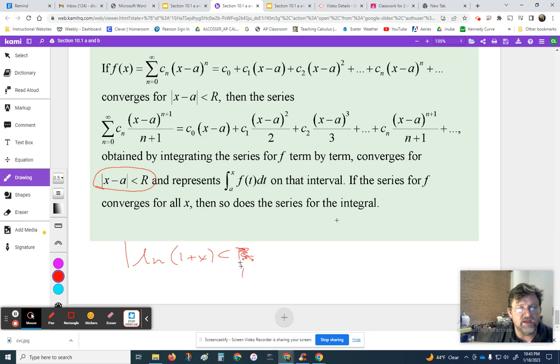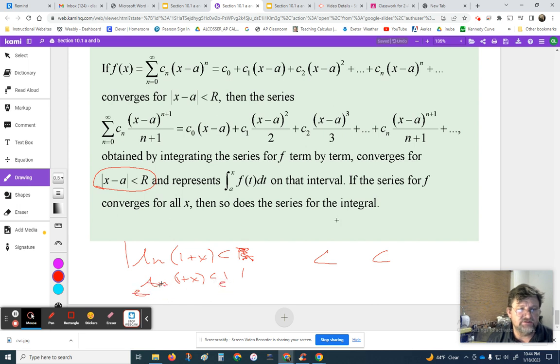And then we would get our interval that this would be centered on here. And so what's that going to be? We take e to the both sides. So the first one's going to be the natural log of 1 plus x to the 1, and we do the e to both sides.